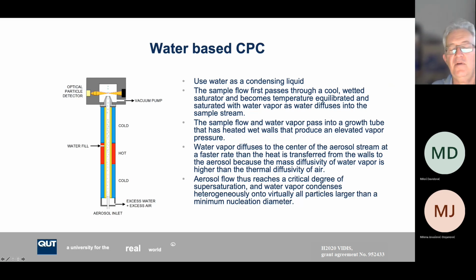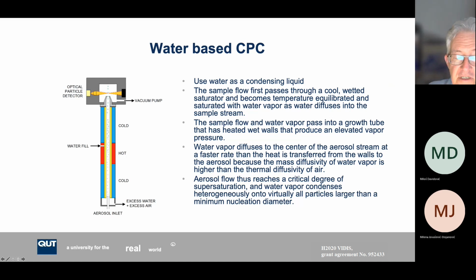This is actually the opposite of a butanol or alcohol-based one. The warmer it becomes, the higher the saturation vapor pressure, which means we would go further away from supersaturation. So essentially, if you put it into a hotter condition, you would dry it out.